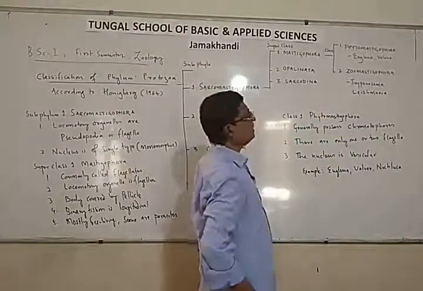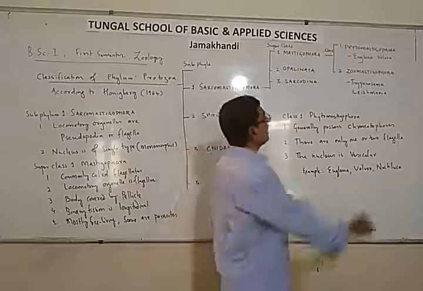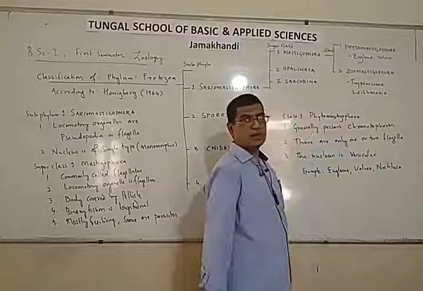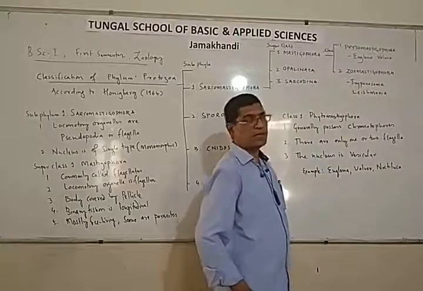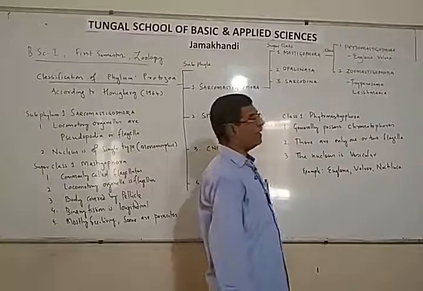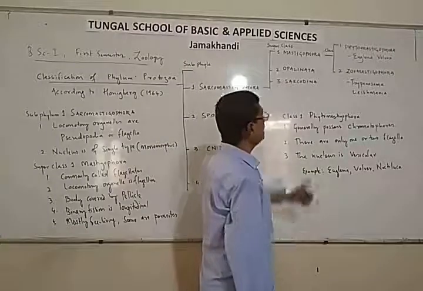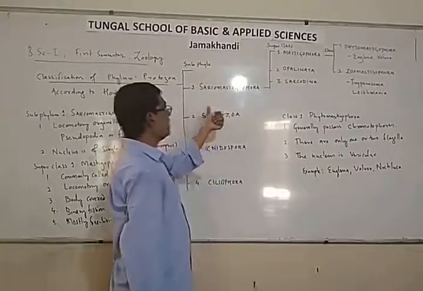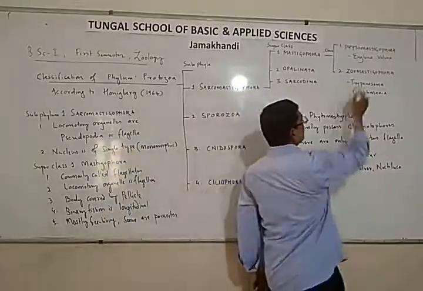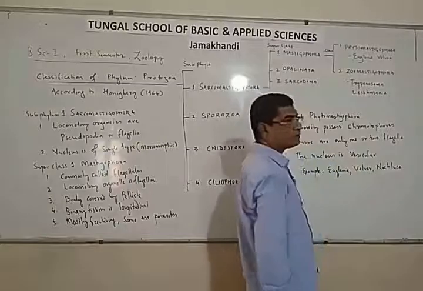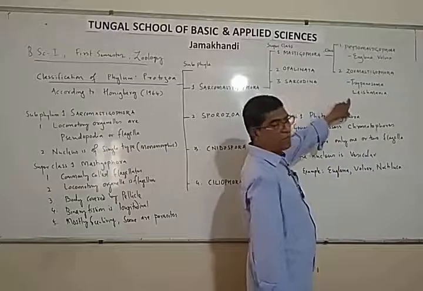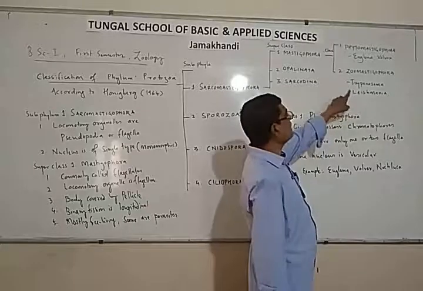So examples for Phytomastigophora are Euglena, Volvox. They come under Phytomastigophora class of superclass Mastigophora, subphylum Sarcomastigophora, phylum Protozoa. Then Zoomastigophora, examples Trypanosoma, Leishmania.